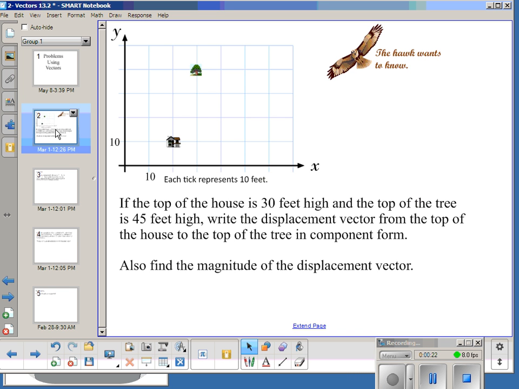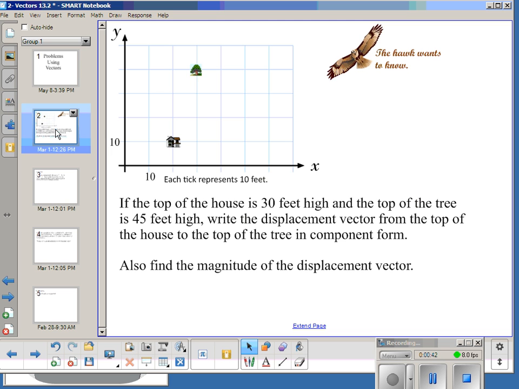So here we have a situation, and the three different components, the i, j, k, are really nice when we have anything in 3 dimensions, which is our world. Here the picture is only 2 dimensions, so we have our x and our y, and you have to imagine the 3rd dimension is coming out at you.